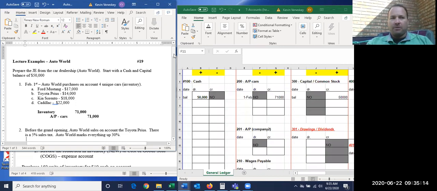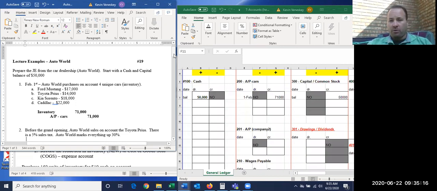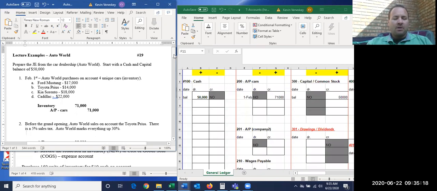When we get into the problems, they're not going to mention sales tax, so we won't have to worry about it. So it says here that we need to tack on 5% sales tax for the state. Now in Indiana, it's 7%, but I made it 5 just so it's easier to calculate and not have a lot of cents on the end. It'll be pretty much whole numbers. And then Auto World marks up everything 30%.